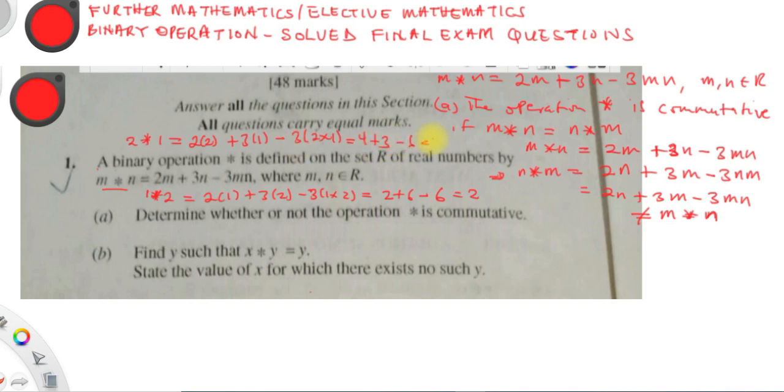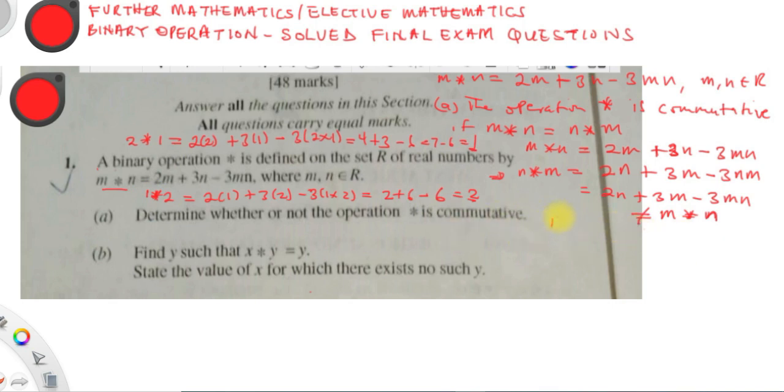We get 7 minus 6, which is equal to 1. Have you seen? Whilst 1 star 2 is giving us 2, 2 star 1 is giving us 1. So we have seen that the operation is not commutative.